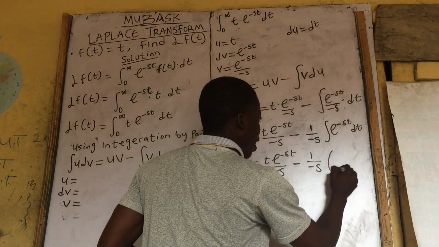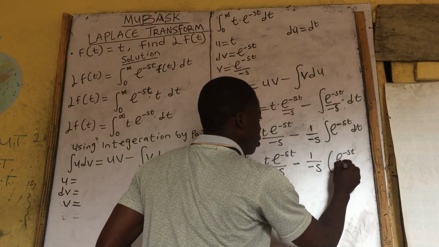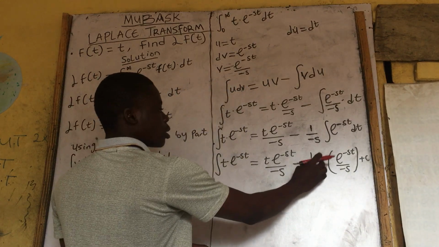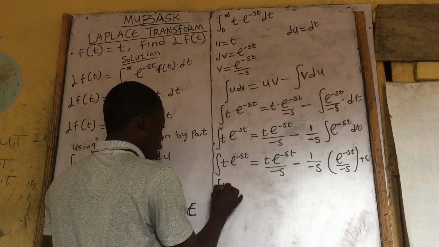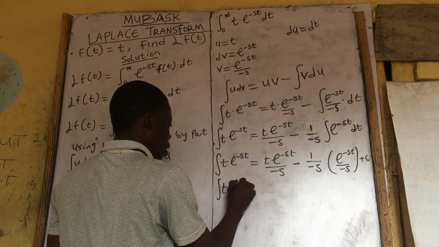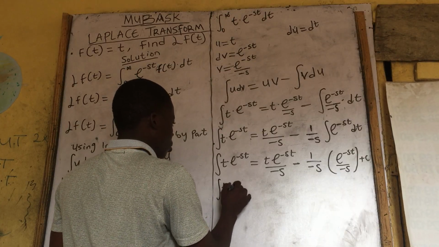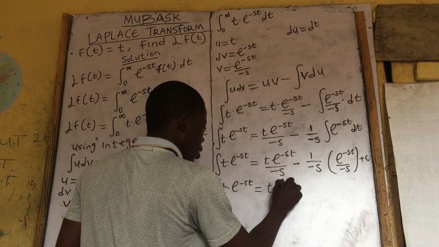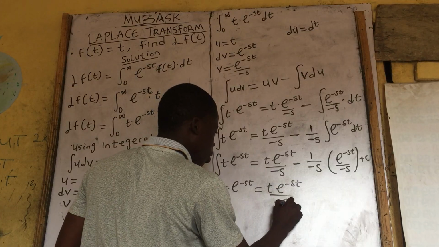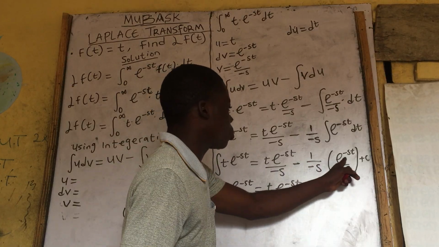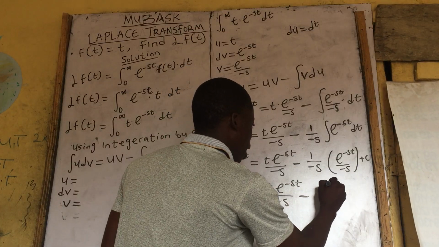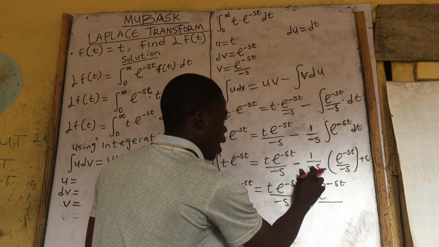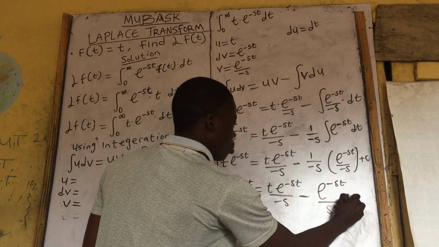From the integration table, open bracket exponential minus st divided by minus s, plus c. So by using the constant to open the bracket, integral t times exponential minus st equals t times exponential minus st divided by minus s, minus 1 times exponential minus st, giving us exponential minus st divided by, minus times minus gives plus, s times s gives us s squared, plus c.